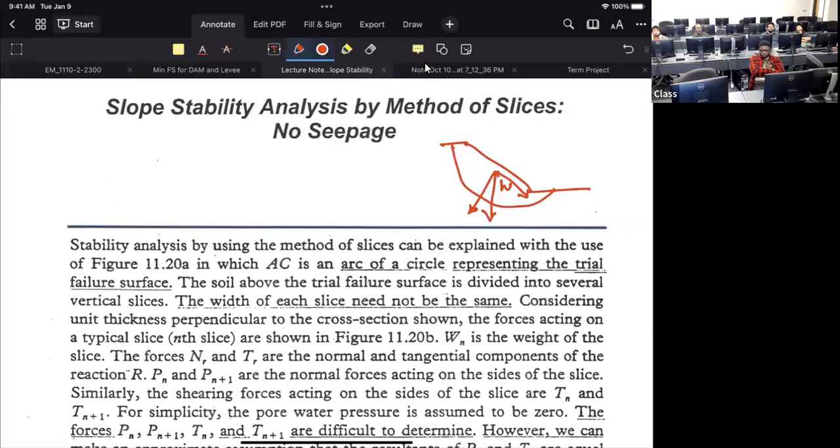When the component is working this way, that creates instability. It tries to push the movement. But if you look at this, this W cos theta, or cos alpha, is pulling along this line, right? If it is pulling along this line, why do we have the slip surface? Why doesn't the soil just move?